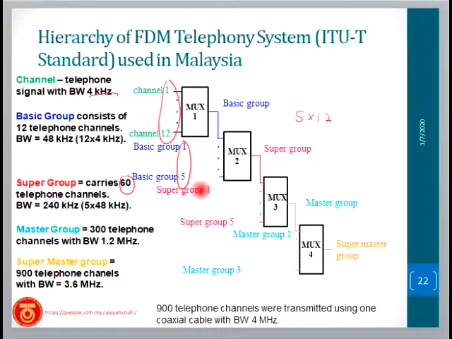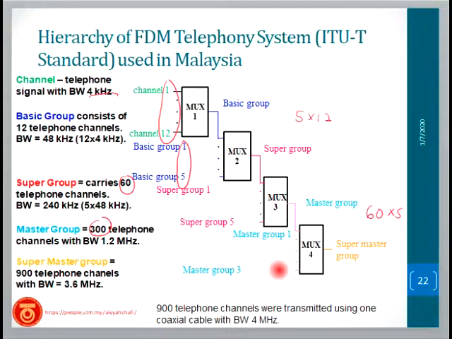And then 5 super groups are combined together into a master group. So 60 times 5 we have 300 telephone channels with the bandwidth of 1.2 MHz.